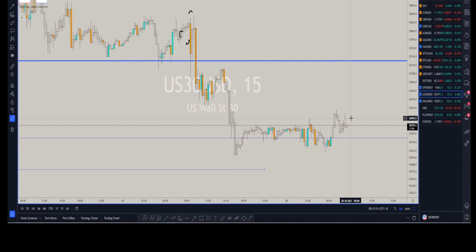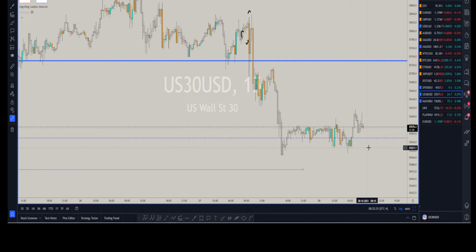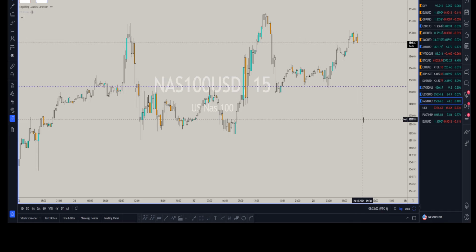Retesting, taking a long, which I will take. My stop is below here. Comes back down, let it be.